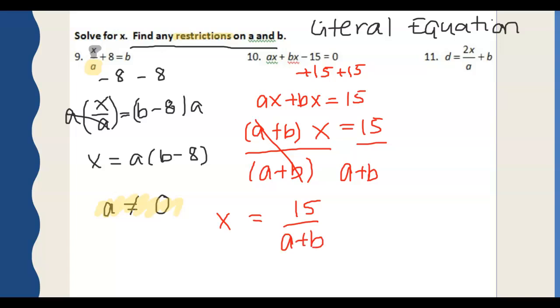So we get x is equal to 15 divided by a plus b. So again, we have a denominator. What that means is my denominator cannot equal 0. That once again is your restriction.